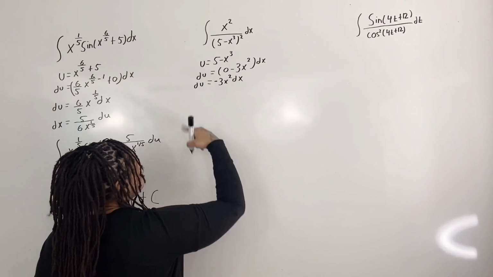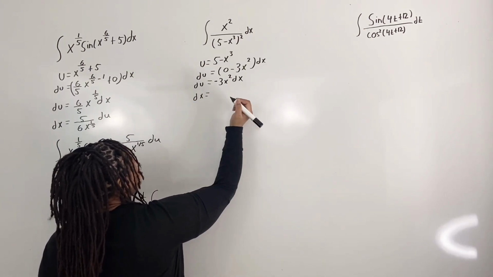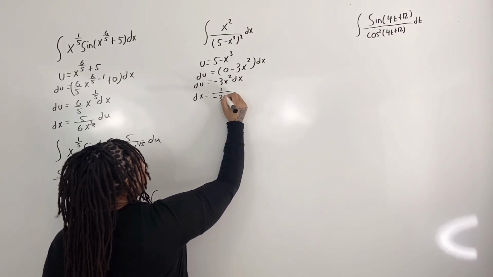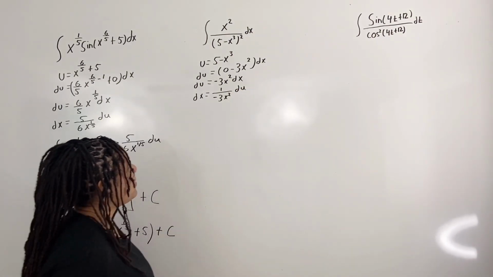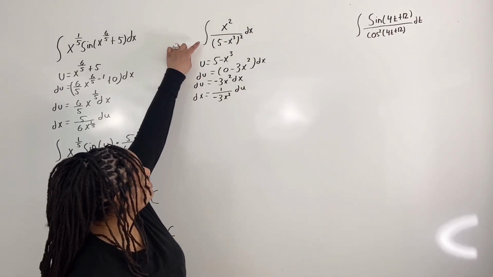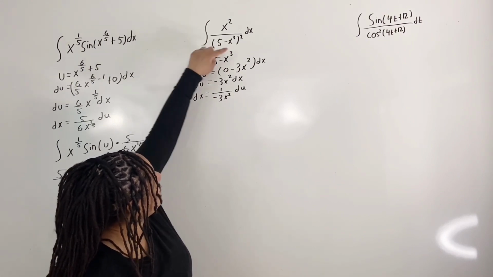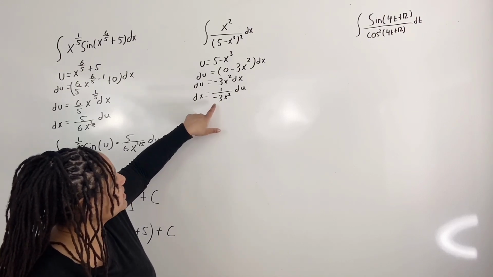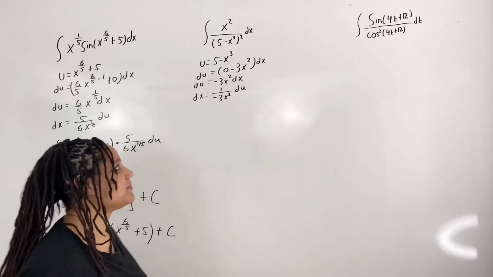Solving for dx, we have dx is equal to 1 over negative 3x squared du. Now I'm just going to replace 5 minus x cubed with u, and I will replace dx with 1 over negative 3x squared du.